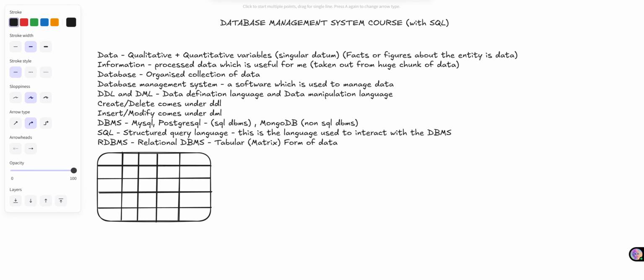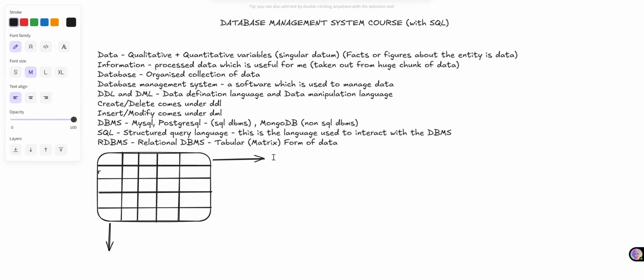I think you may know this. These are rows and these are columns.